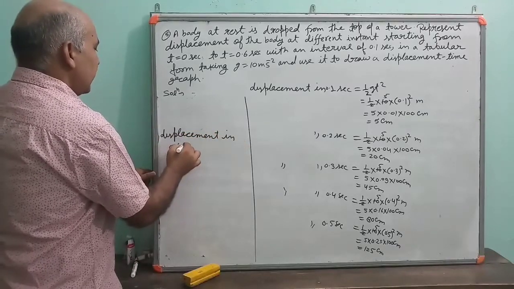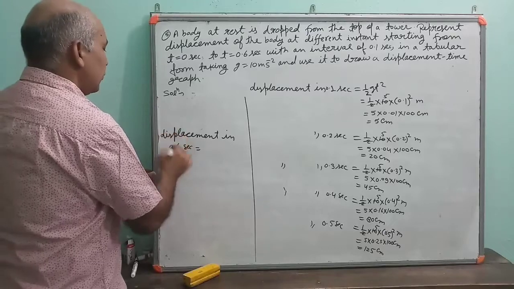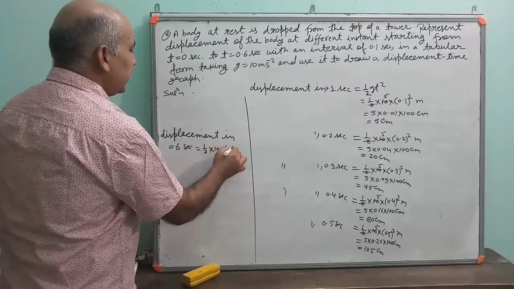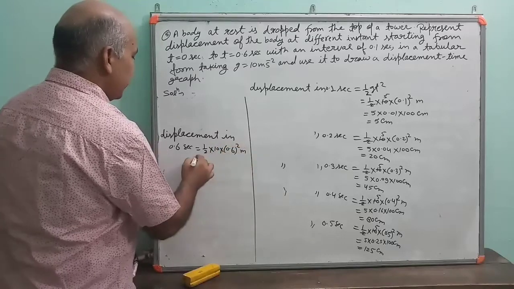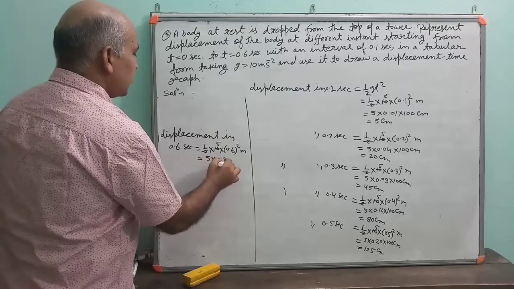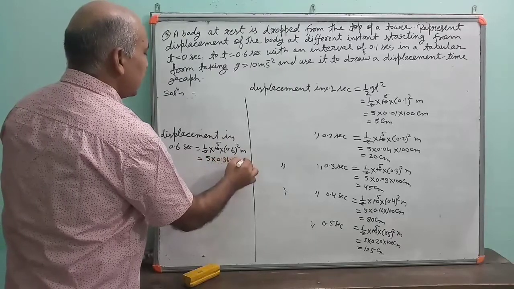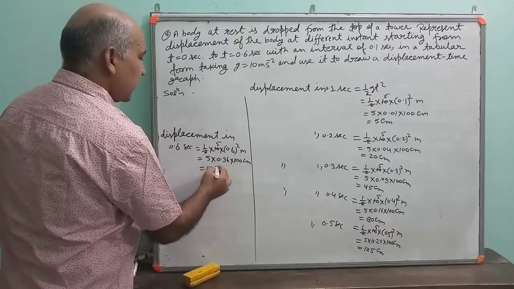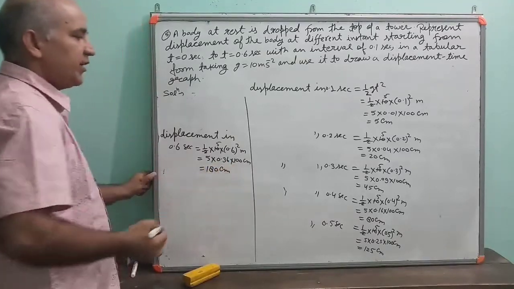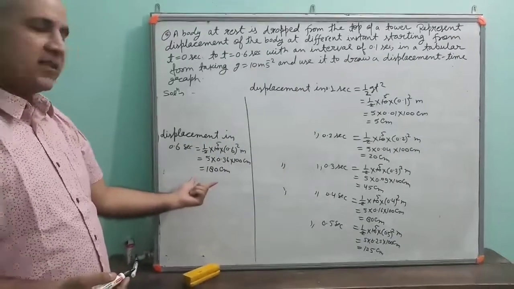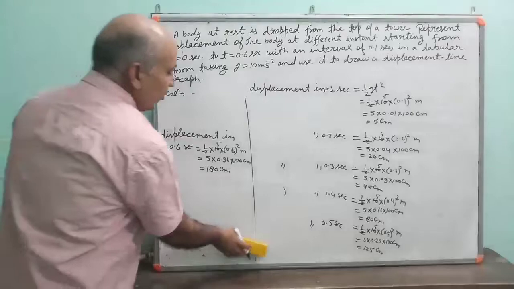Displacement in 0.6 seconds is equal to 1 by 2 into 10 into 0.6 square meter, 5 into 0.36 into 100 centimeter, that means 180 centimeter. In every 0.1 seconds we have found the distance. Now draw the tabular form.